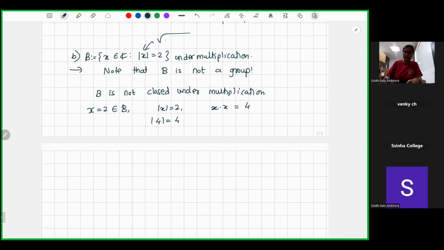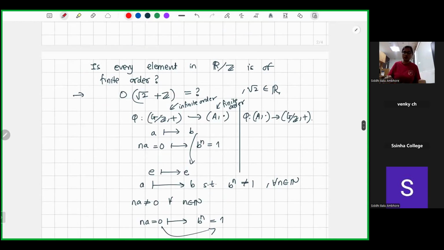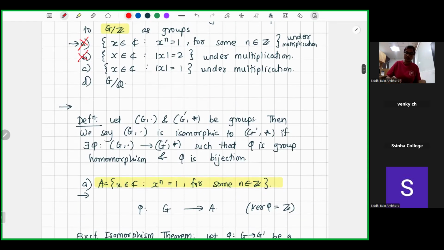If my X is A plus BI, then mod X is A square plus B square, okay? So 4. So this is not closed under multiplication. So the B which is given here is not closed under multiplication, so this is not a group. So we don't have to worry about this B being isomorphic to G quotient Z as a subgroup.